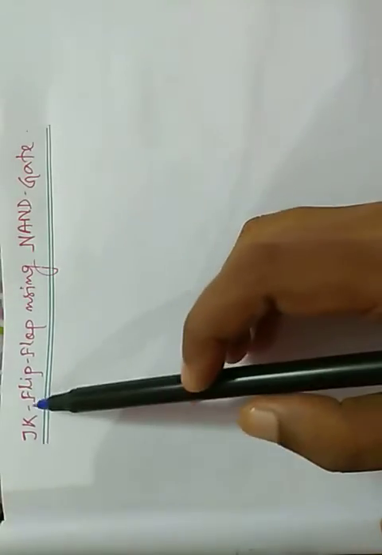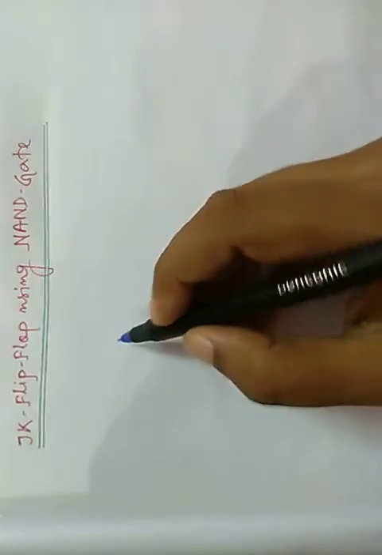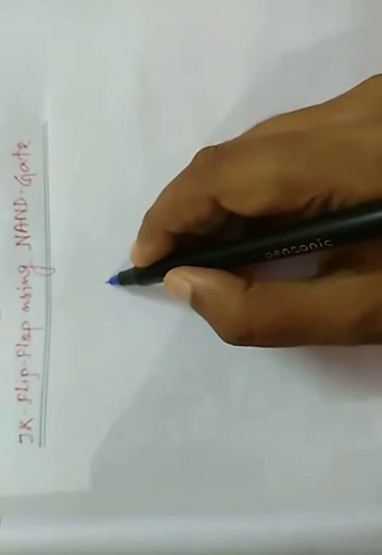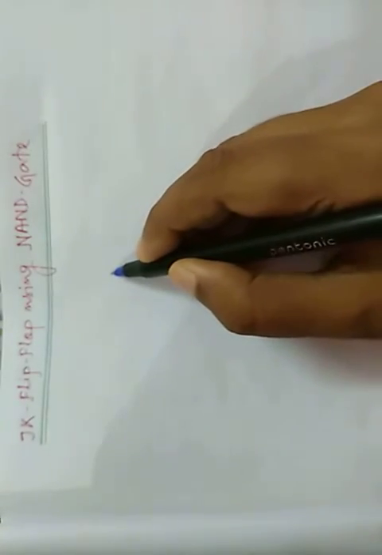Okay, so as it is the improved version of SR flip-flop, at first we have to draw the SR flip-flop using NAND gate. Let us draw the diagram of SR flip-flop using NAND gate.